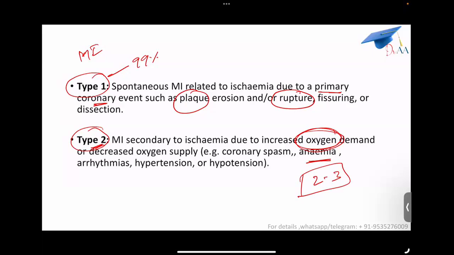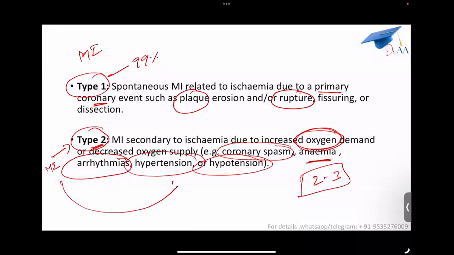Or coronary spasm, which is seen in cocaine use, as we discussed previously, like Prinzmetal angina. That is another type 2. Or if the patient has an arrhythmia, the cardiac output might be so low that there is hardly any supply to the coronary arteries. Severe hypertension can also lead to it. These are all type 2 myocardial infarctions.